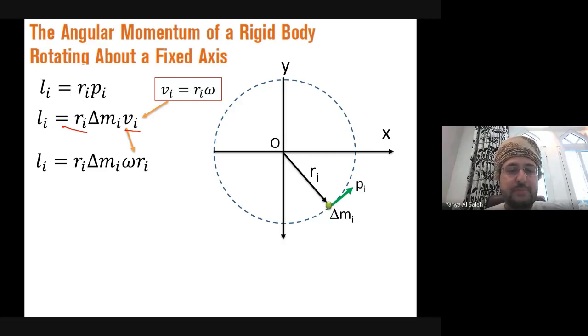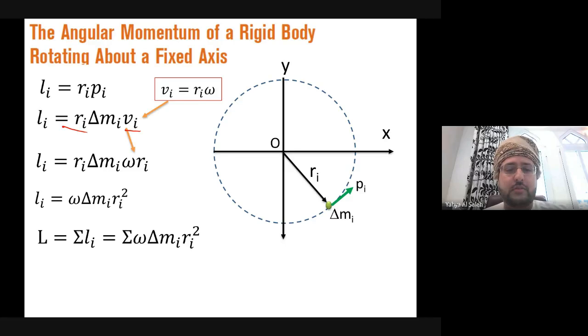Because once I put it back in here, v equals r omega, I end up with omega, which is constant for anywhere on a rigid body, delta m, which is again a constant, but ri changes. But then, do you remember what this is? Excellent, someone already wrote it down. m i ri squared is your moment of inertia.